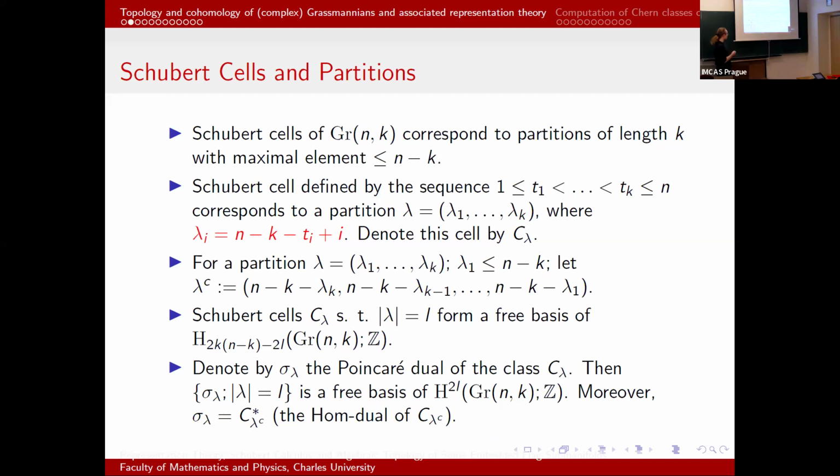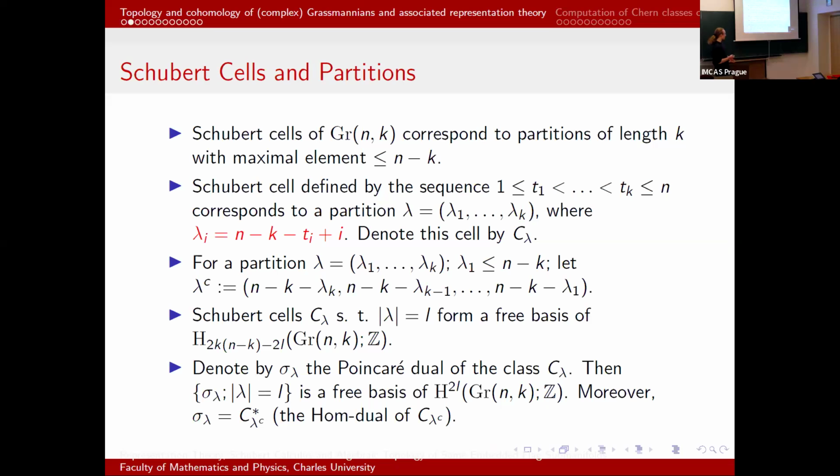Just a little remark: the Poincare dual of C lambda, the class sigma lambda, is equal to the Hom dual of the class of the Schubert cell corresponding to the complementary partition.